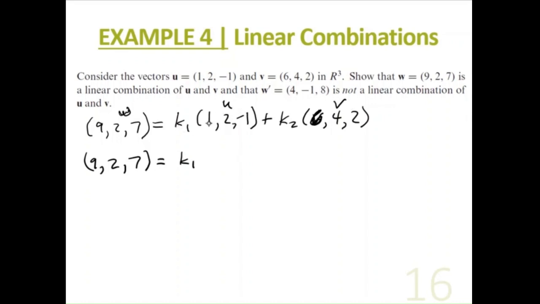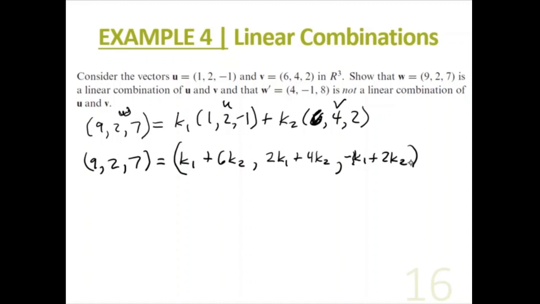So we'd have k1 times 1 plus 6k2. That would be the first component for the sum of those two vectors. Then we'd have 2k1 for the second component of u, plus the second component of v, plus 4k2. That would make up the sum of our second components. And then we'd have negative k1 plus 2k2, and that'd be the sum of those third components.